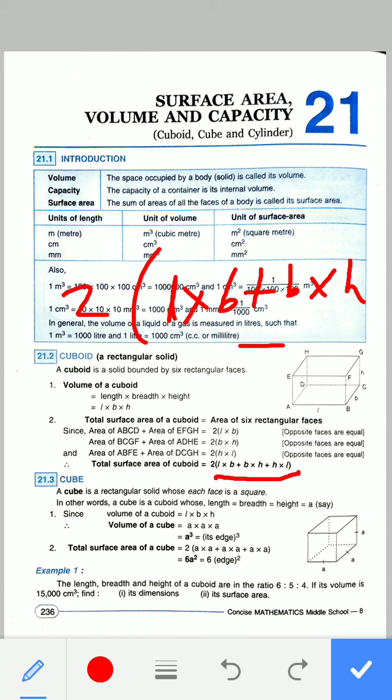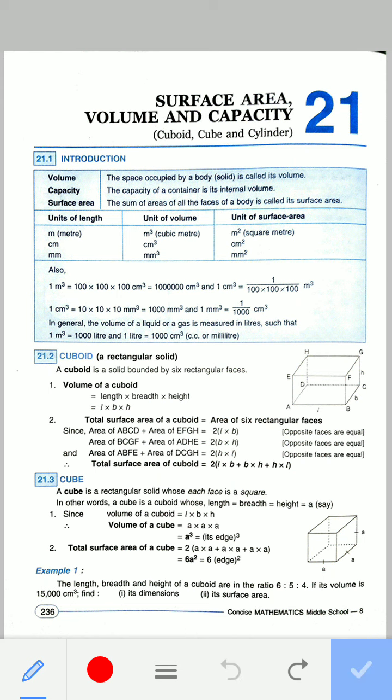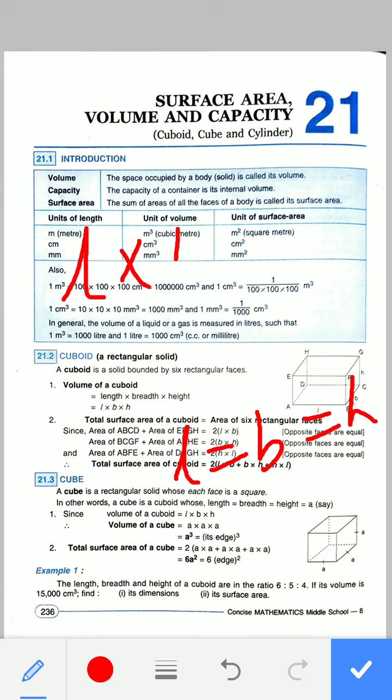Now what do you mean by cube? A cube is a rectangular solid whose each face is a square. So in case of a cube, length equals breadth equals height. So what should be the volume? In case of a cuboid, length into breadth into height is the volume.